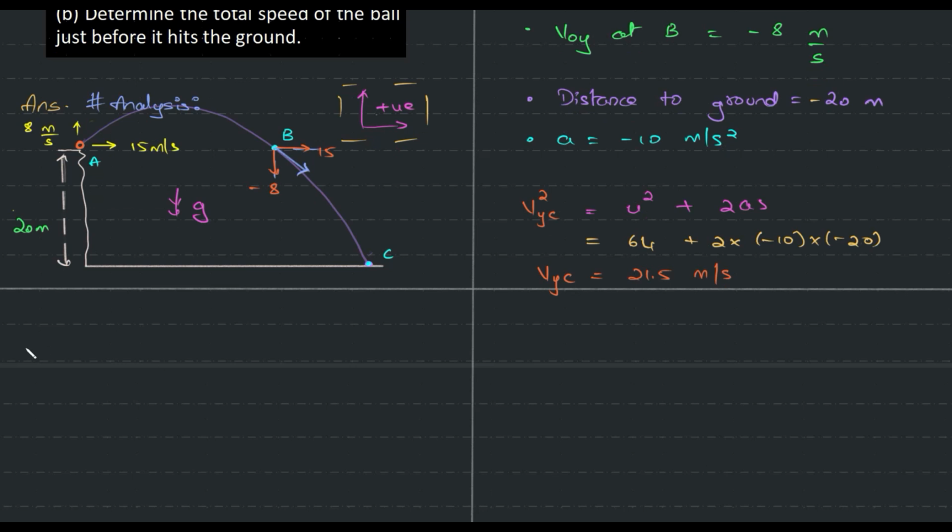Then finally you can find the resulting velocity. v at C will be equal to, the x will not change, so that will be 15 i cap minus 21.5 j cap. As per this convention, I have taken the sign.